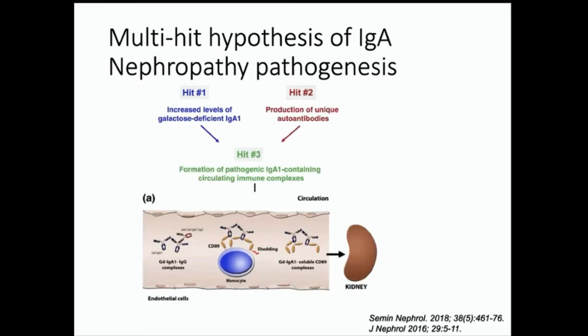The multi-hit hypothesis is that for any reason, this can be caused by infection, viral or bacterial, genetic background, even food, the level of galactose-deficient IgA1 in circulation increases. Then this initiates the generation of autoantibody.